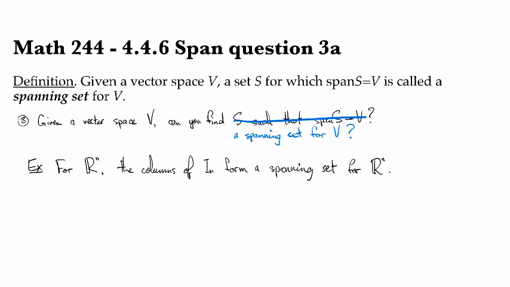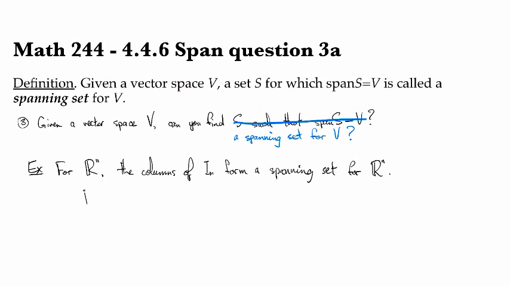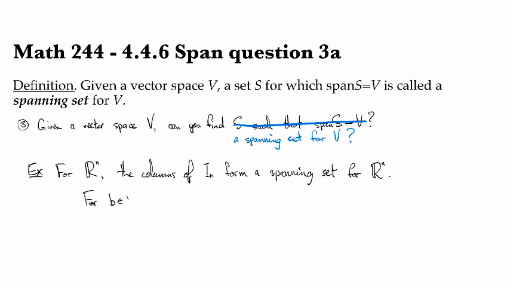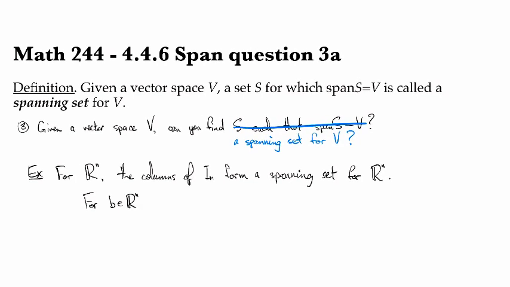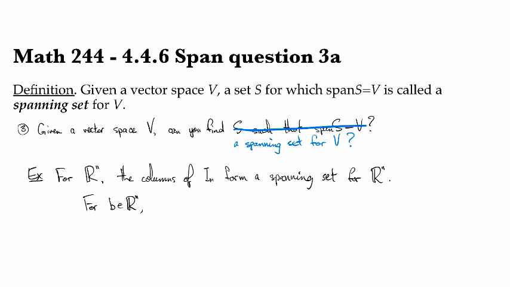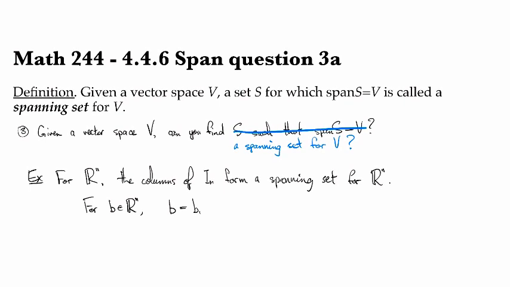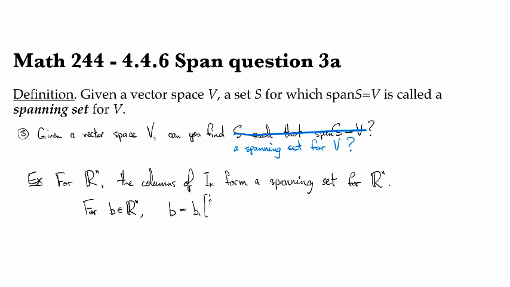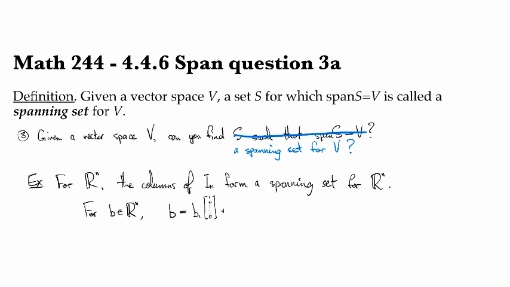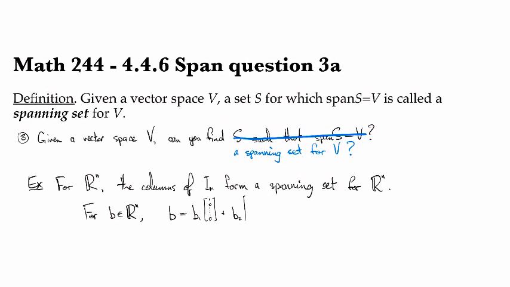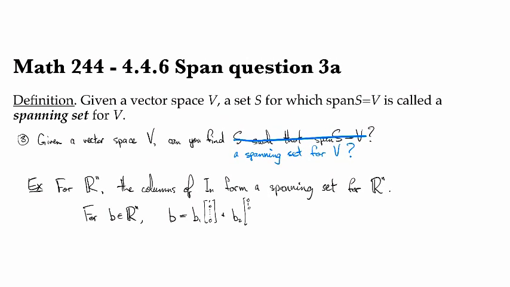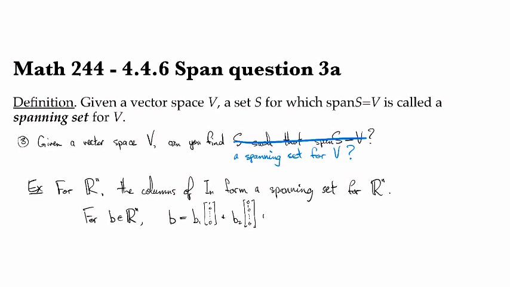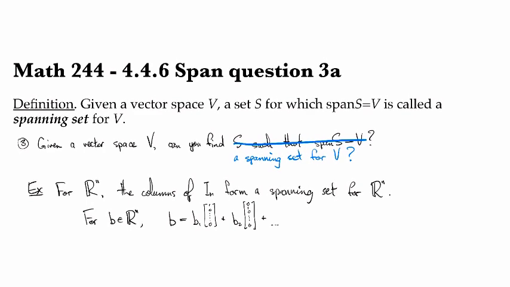And so again, the idea is just that if I take any vector b in Rn, I can write b as a linear combination of these vectors in this way.